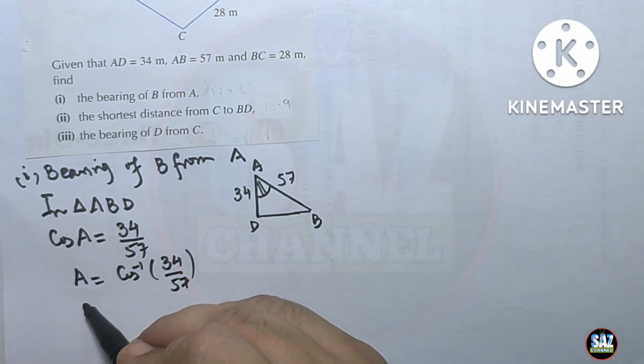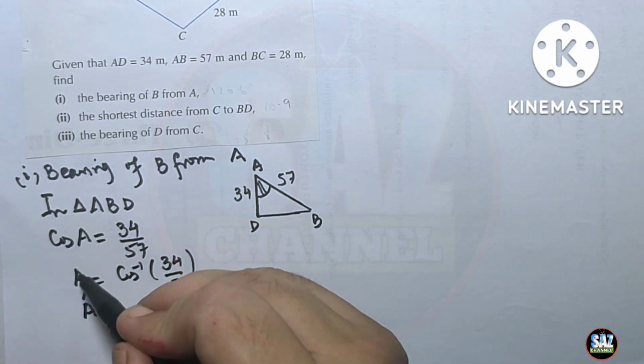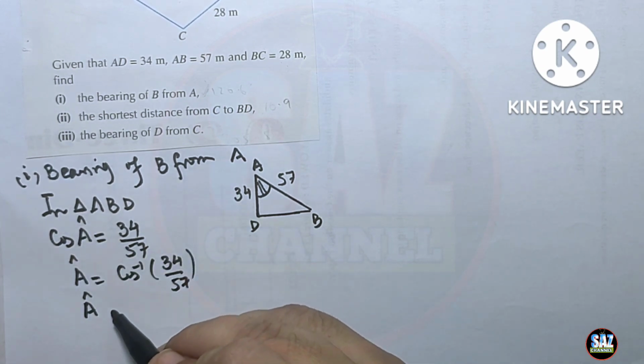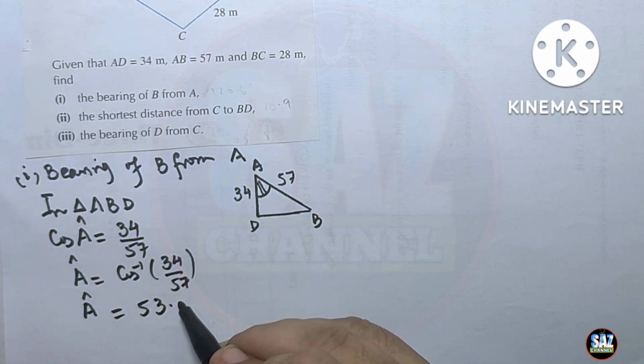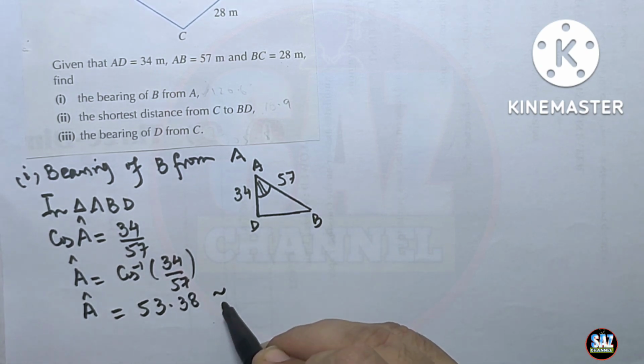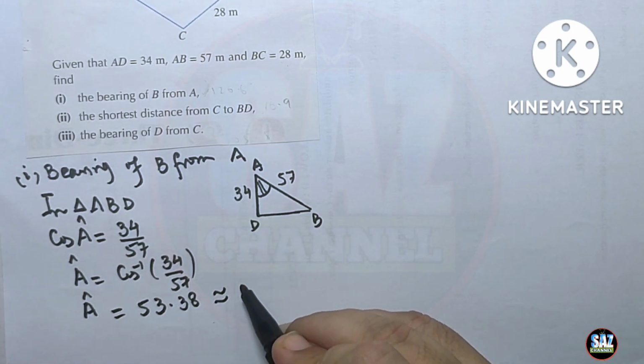Angle A will be equal to 53.38 degrees, which approximately will be equal to 53.4 degrees up to 1 dp.